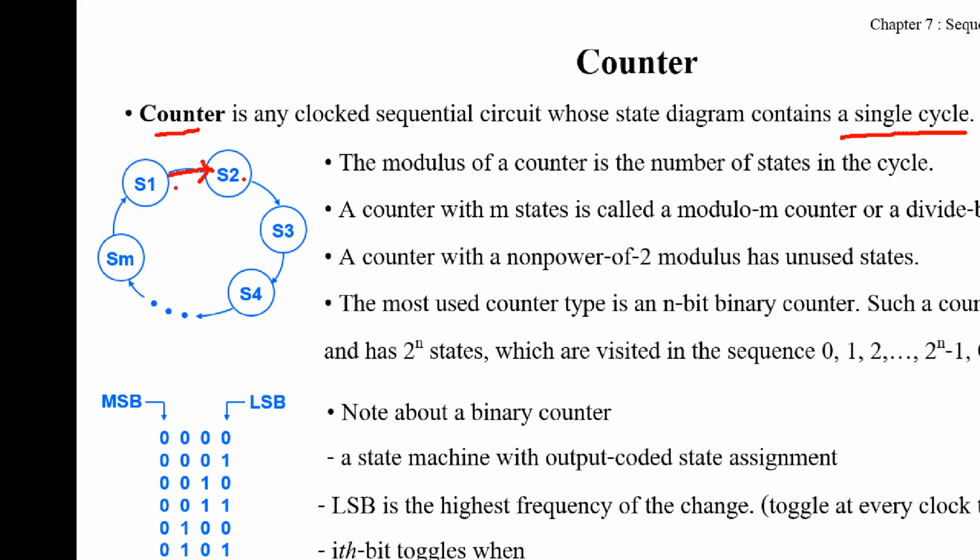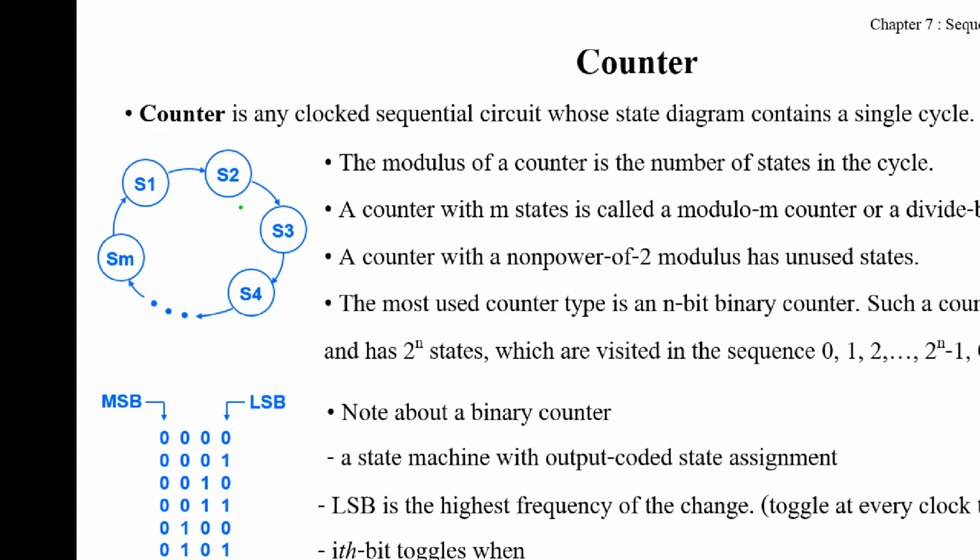When the clock ticks, it changes from S1 to S2, when the clock ticks, S2 to S3, S3 to S4, and so on. Maybe it becomes SM, and when the clock ticks, it changes back to S1 again. A state machine that contains a single cycle is called a counter.